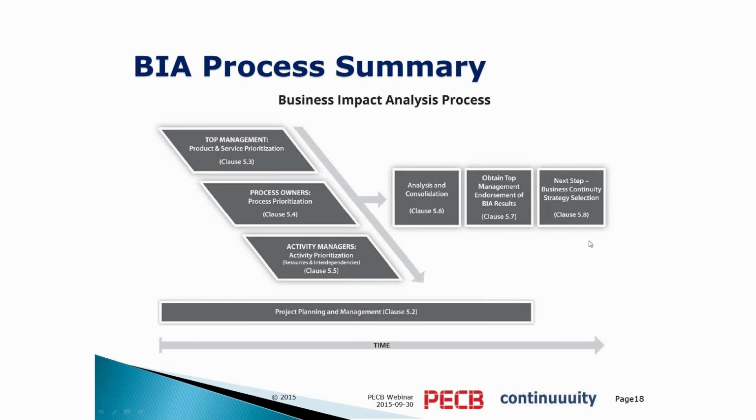If the strategy is too expensive or is not useful or is not realistic because we are lacking the resources, then we might have to readdress the BIA again. But this is not the main subject today.